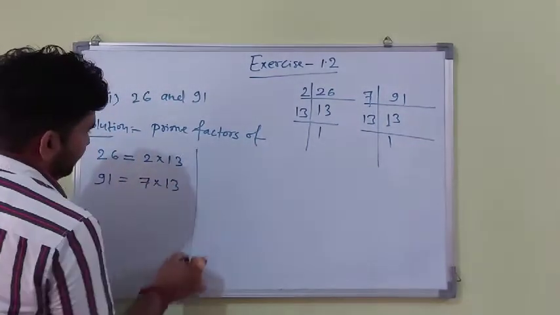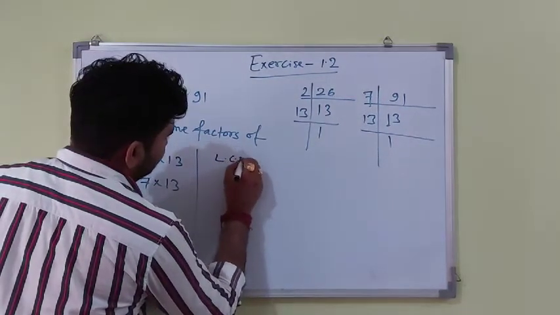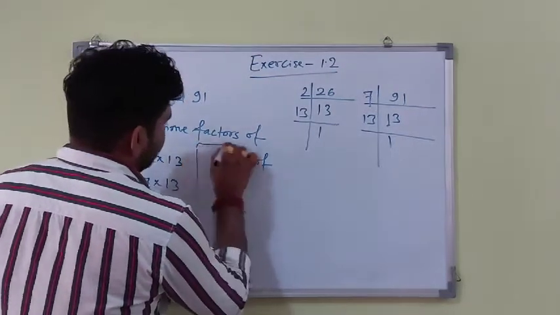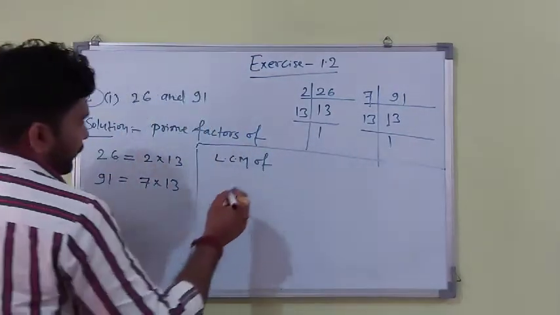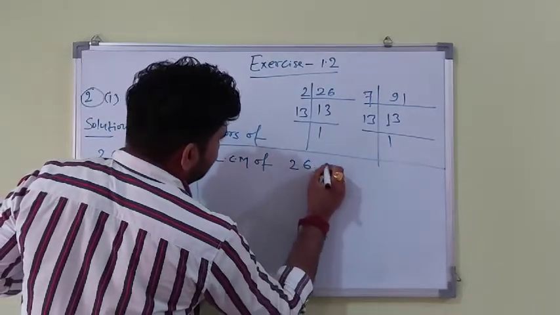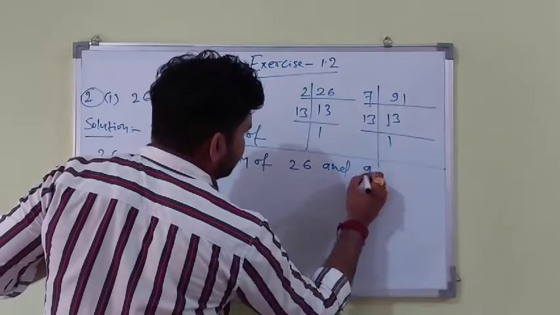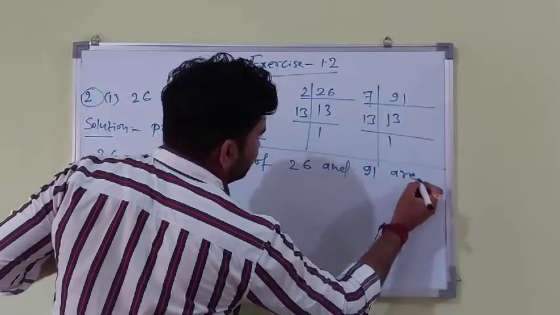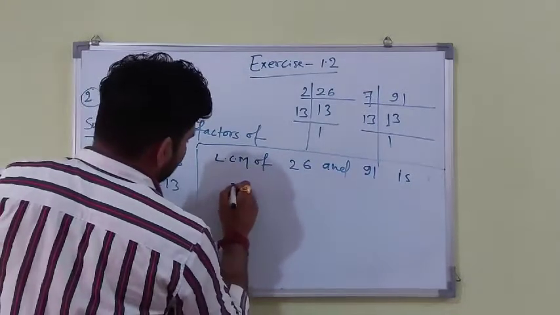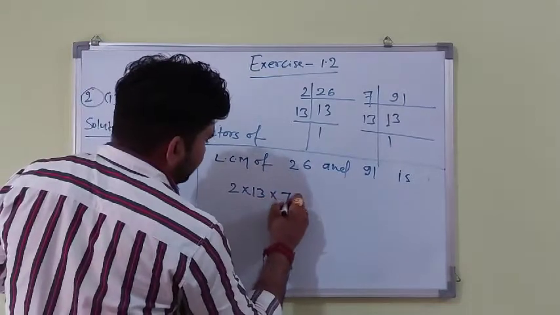Okay, then now the LCM of 26 and 91 is 2 into 13 into 7.